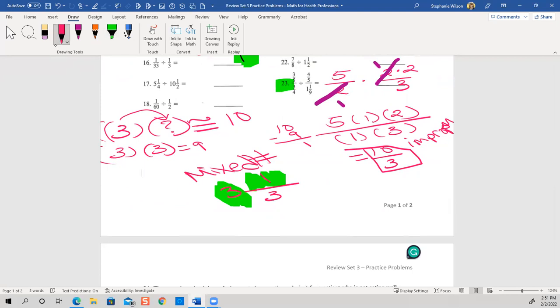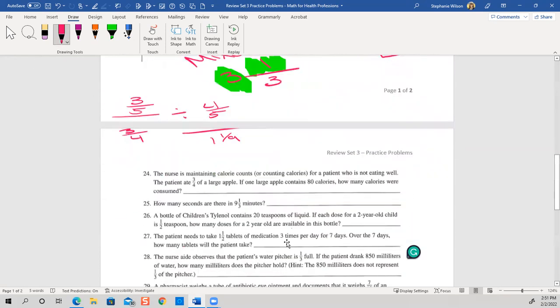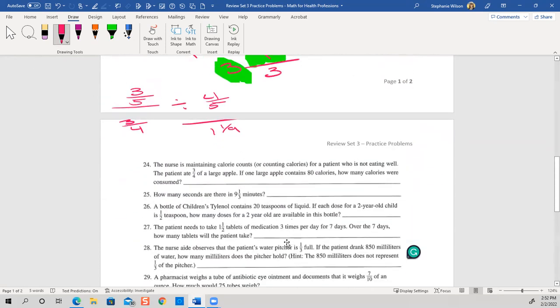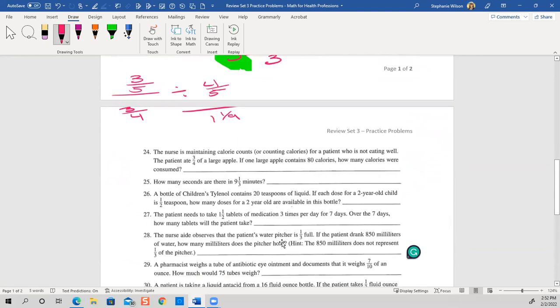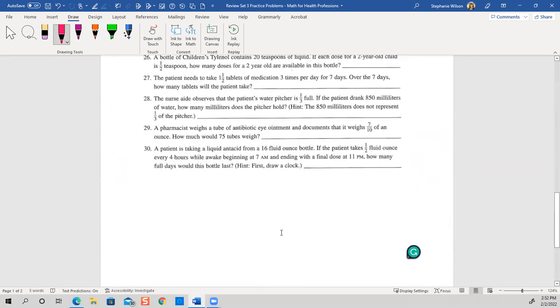So 23 says we have 3/5 divided by 3/4, and it's all divided by 4/5, all divided by 1 1/9. All right, so let me scroll down. Oops. We'll just have to rewrite it some more. Let me rewrite it.